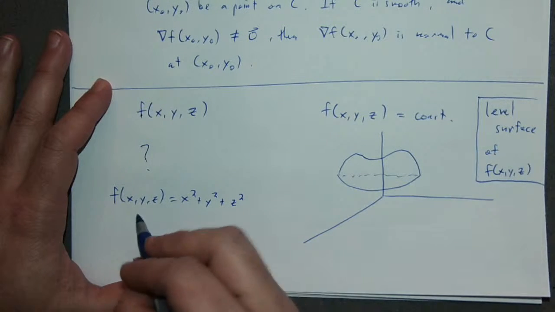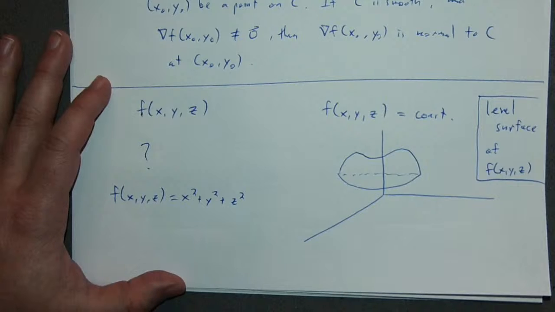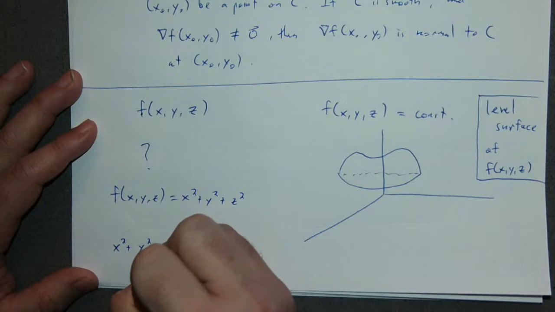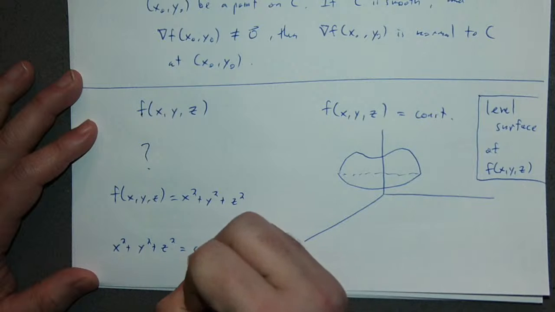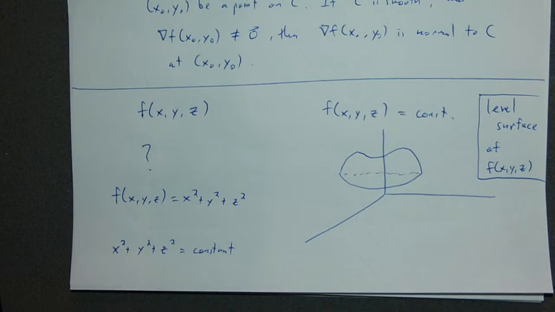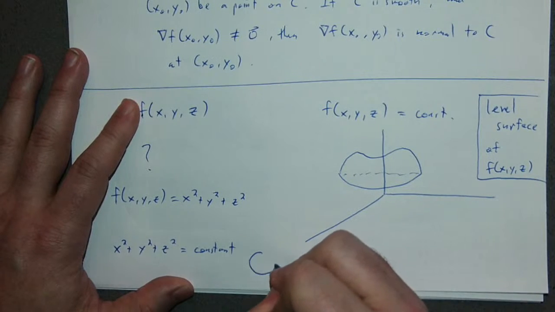But what is this thing if I let this be equal to a constant? What is this? It's a sphere of radius square root of c.